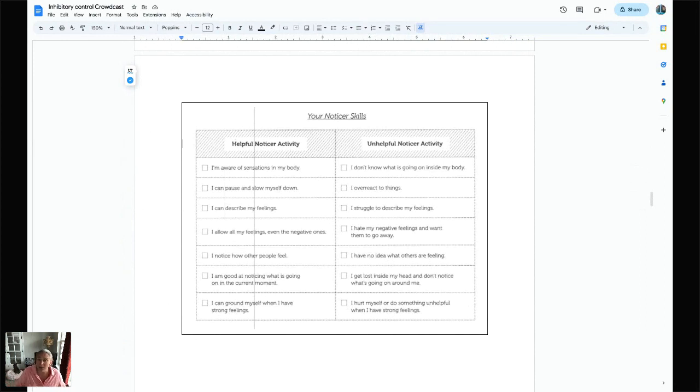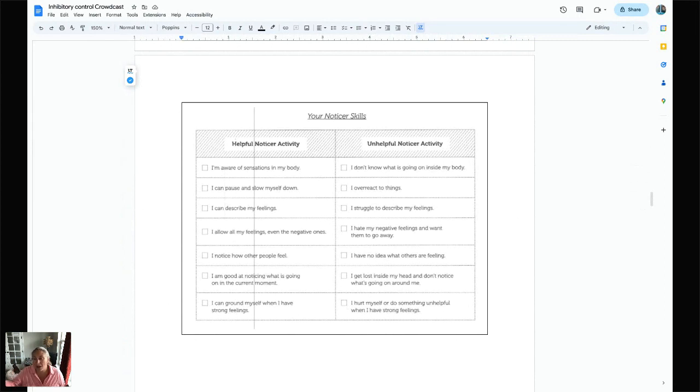I have no idea what others are feeling. That's another big noticer skill. When we're impulsive, we don't pause to notice how our behavior impacted somebody else. I don't know how many times we used to run these perspective taking exercises outside of an impulsive moment, and the kiddo would get it. They would say, yeah, I make that person feel bad.